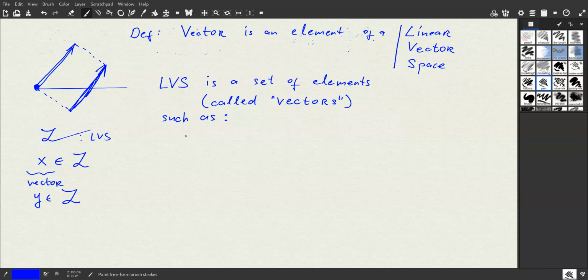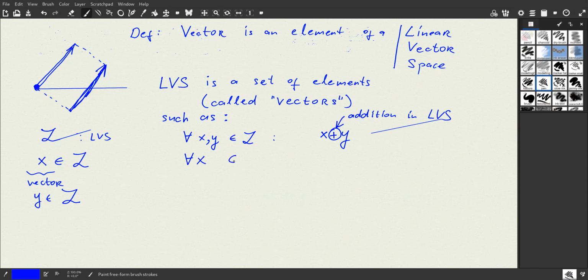So for all x, y which belong to this linear vector space, we have a vector which is called x plus y, where plus is addition in our linear vector space. And also, for any vector x in our linear vector space, we have an operation of multiplying that vector by a real number.